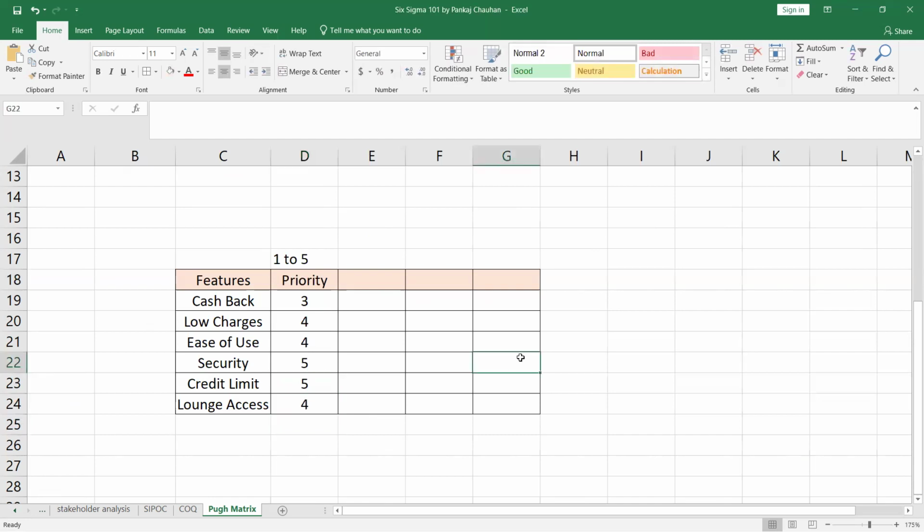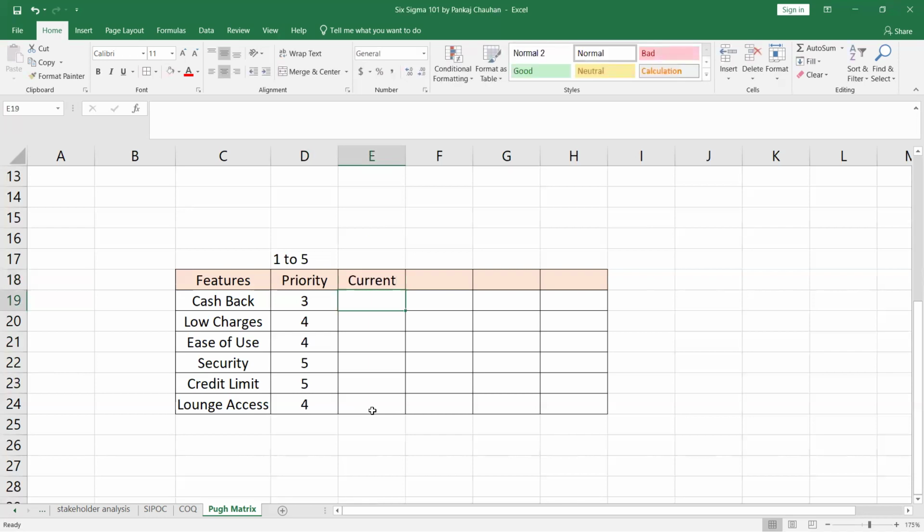Now, you will have some options available in the market, maybe from different banks, and you will be picking them up. Current value, I consider okay. As of now, I don't have a credit card, so I'm neutral. Or if I have a credit card, against which I want to compare the available options, I will be comparing with that.